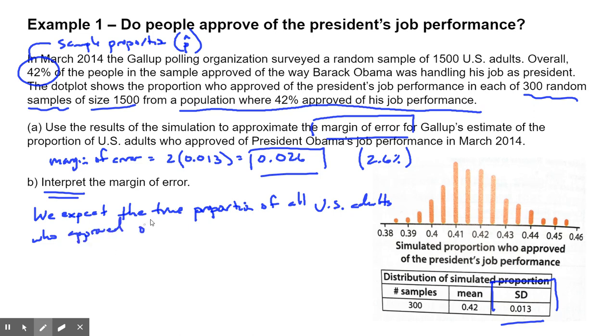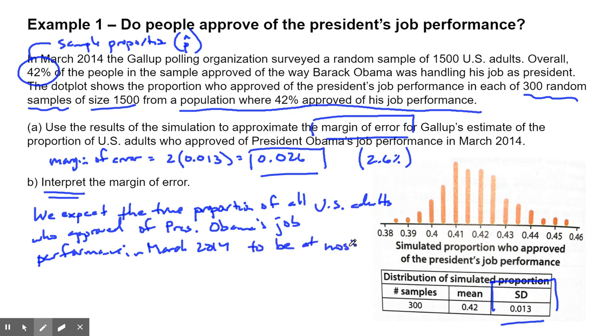Who approved of President Obama's job performance in March 2014 to be at most, and this is the important margin of error, to be at most 0.026 from the estimate of 0.42.